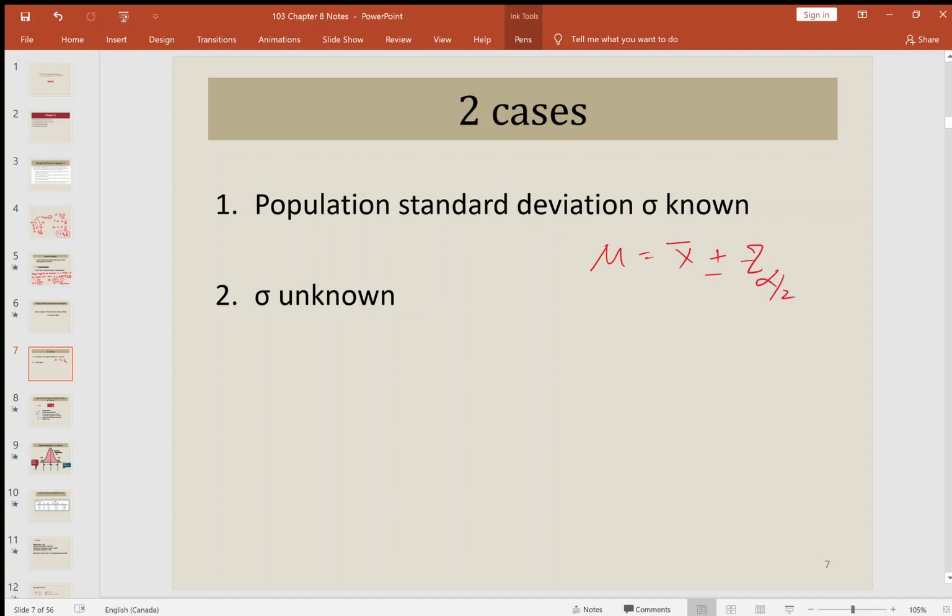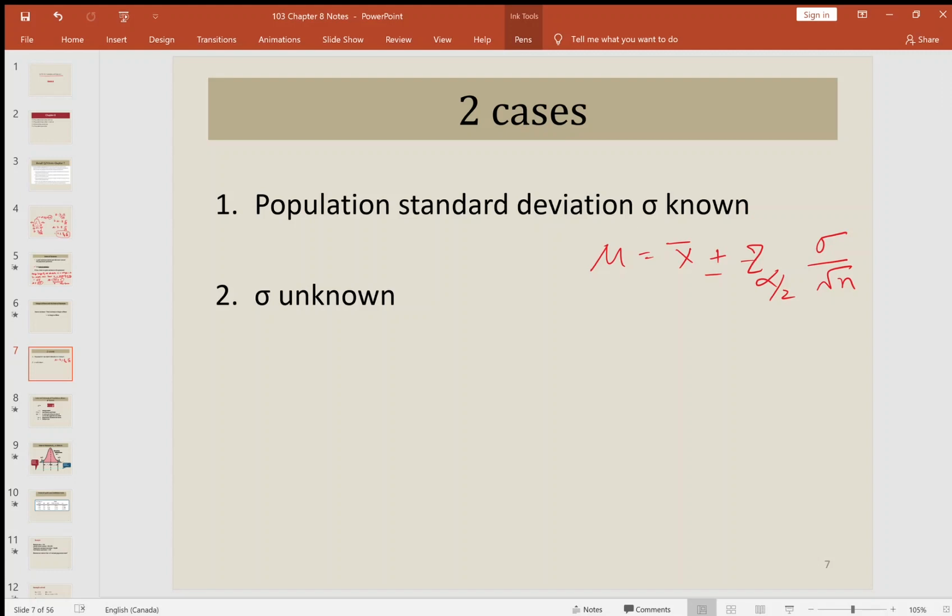So alpha by 2 is not multiplied with z, it's a subscript, and I'll explain in a minute what that means, times sigma divided by square root of n. We know x bar is the sample mean, z is from the z-score, sigma is the population standard deviation, and n is the sample size.